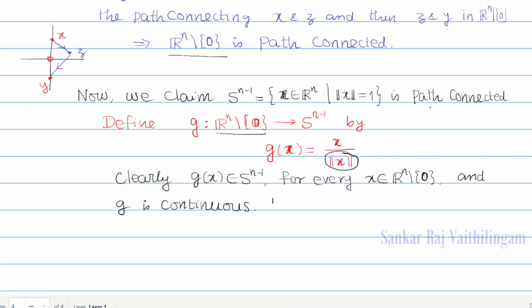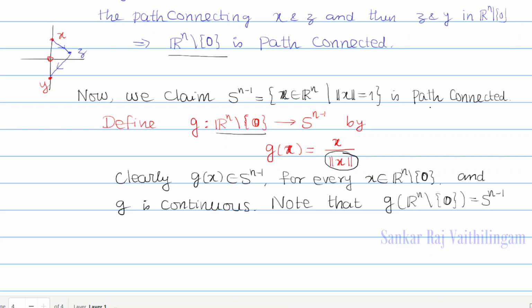Note that g of Rn set minus singleton 0 is Sn minus 1.